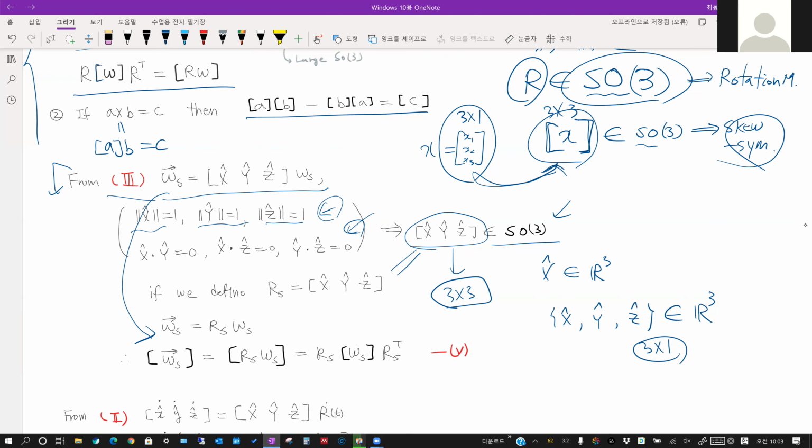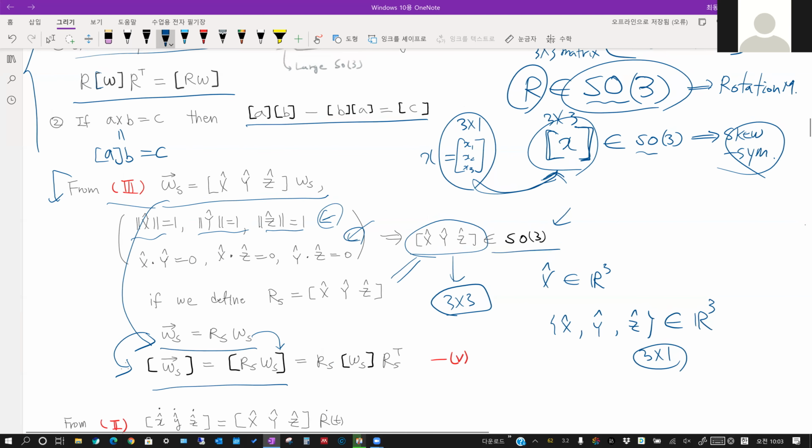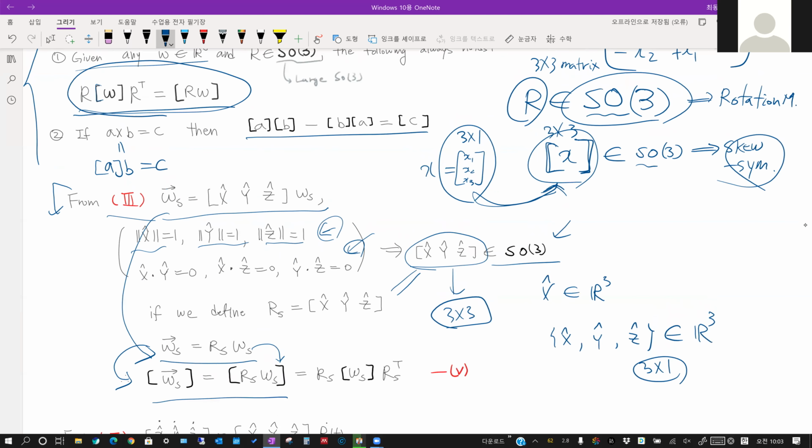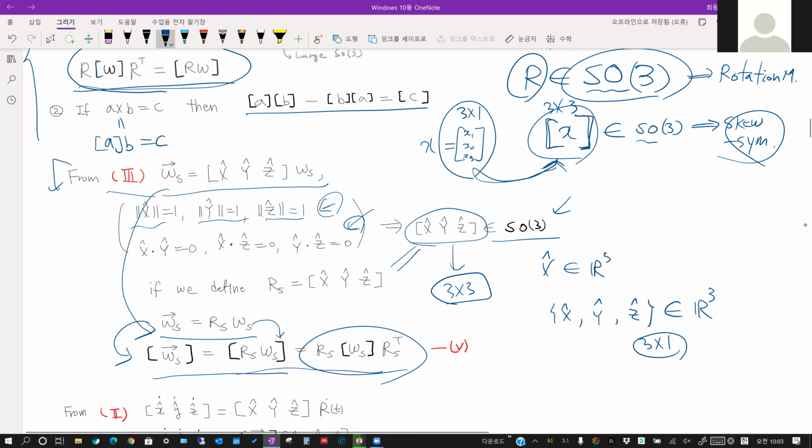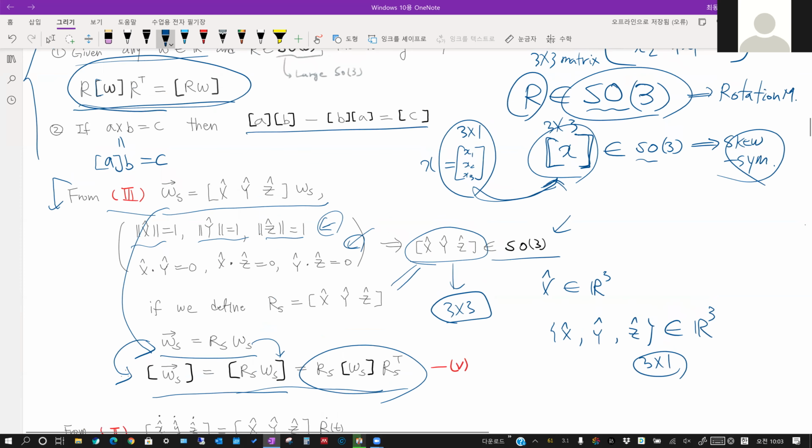In here, if we take the bracket here, then it is transformed like this, and this equation becomes like this. By following this rule, we can rewrite this equation, and this one is the fourth equation.